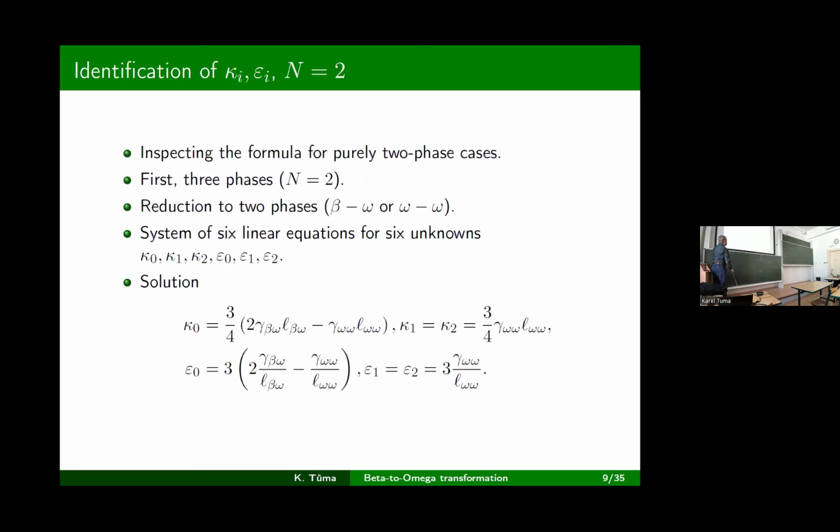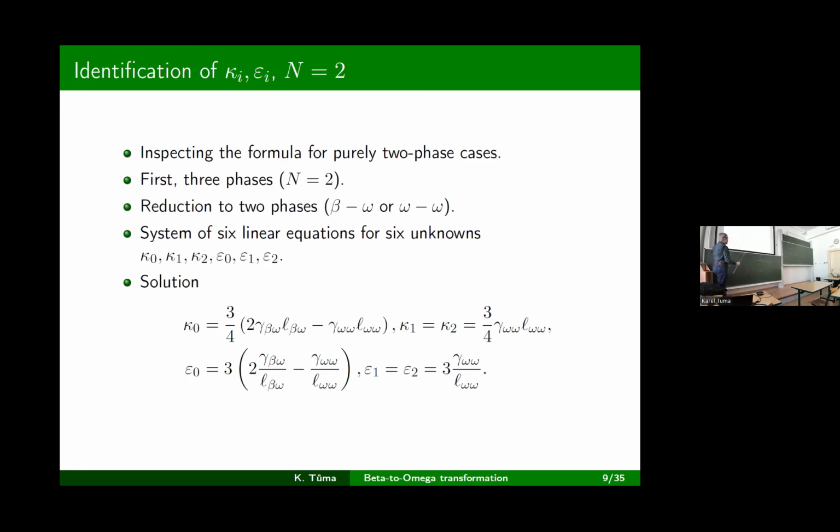So the first thing we want to have is something we call algebraic consistency, meaning that if we think that only two phases are present in the system and all other phases are absent, we want it to reduce to the standard double well model. So we start with only n equal to 2, meaning that we have three phases, 1 beta and 2 omegas.